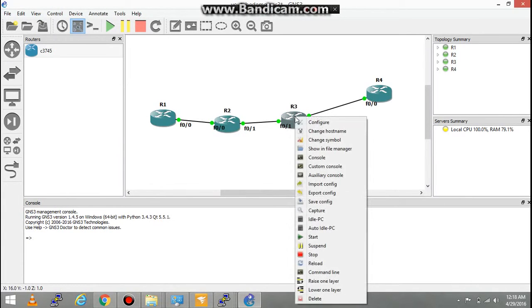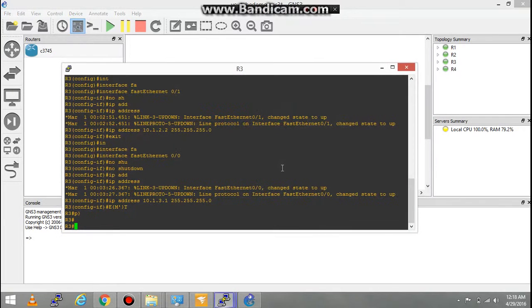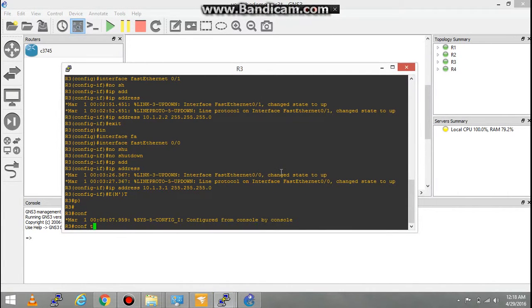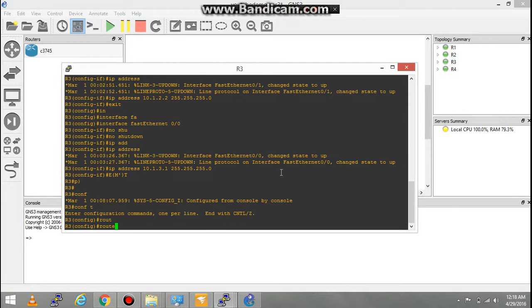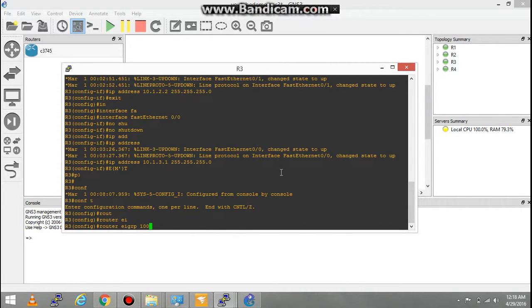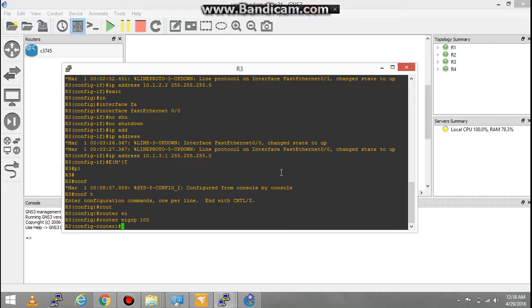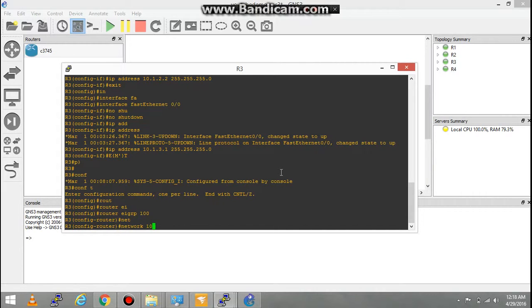So again I'm going to configure EIGRP on R3, with the same autonomous system number, followed by the command network 10.1.2.0 0.0.0.255.